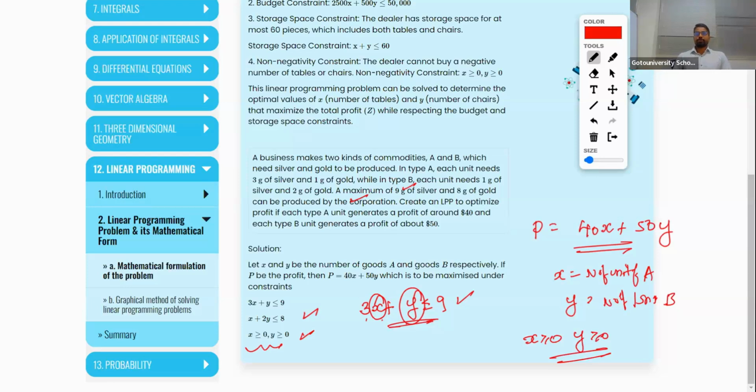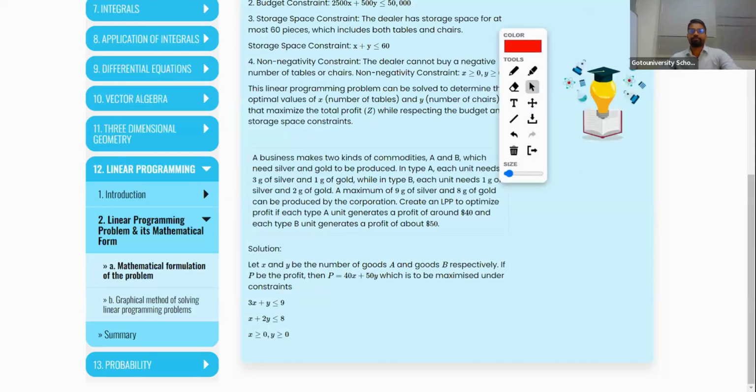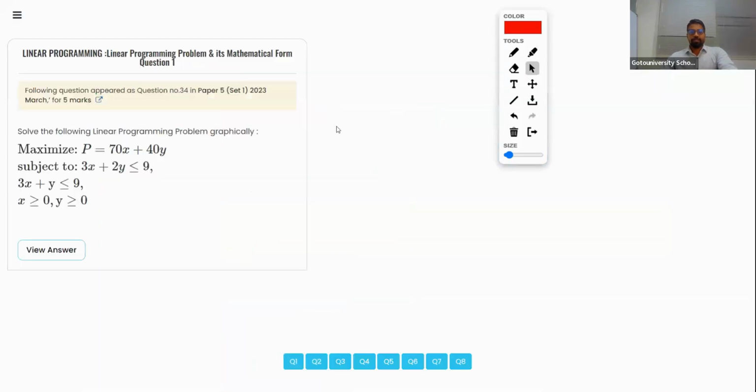So let's solve some questions clearly to understand this better. Shall we go to the questions? So what do we have here? Please read the question and try to formulate this problem.